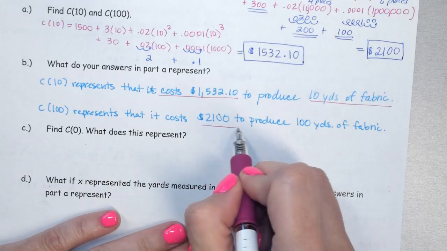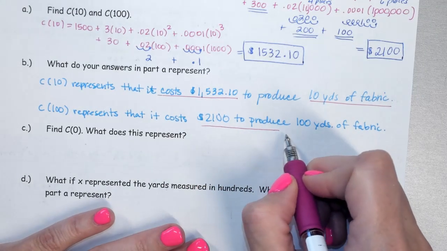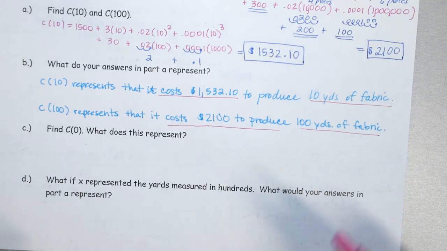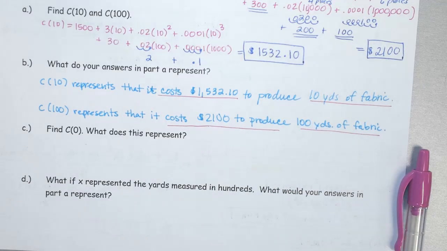Okay, and then I want you to do part C. So find C of 0, and I want you to think about what it represents, so we can come up with that together. Okay, so find C of 0, think about what that means in context of our situation.